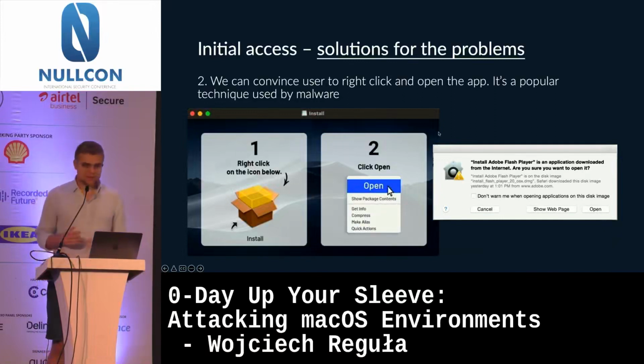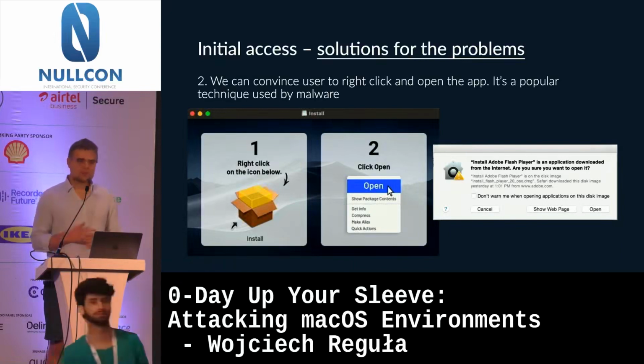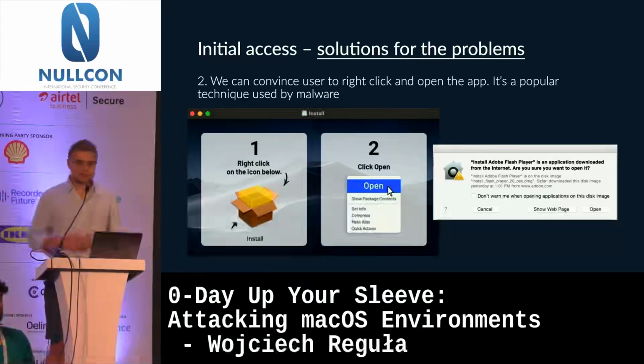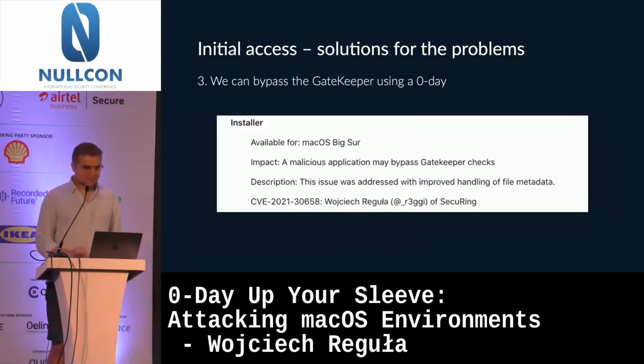There is a background with an instruction to the victim on how to make the victim bypass their own security mechanisms, right? So the malware asks the user to right-click on the unsigned package and click open, and there will be a prompt that the application was downloaded from the internet. It wasn't verified by Apple, so please click OK and risk your Mac being hacked. And so that's the second idea.